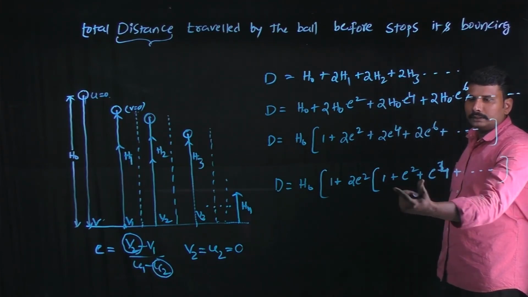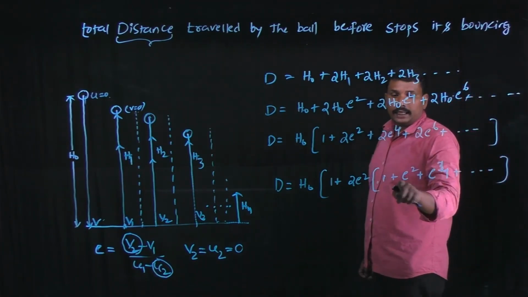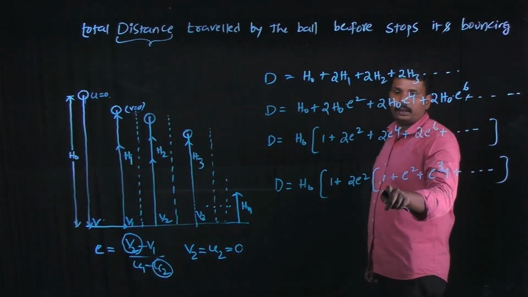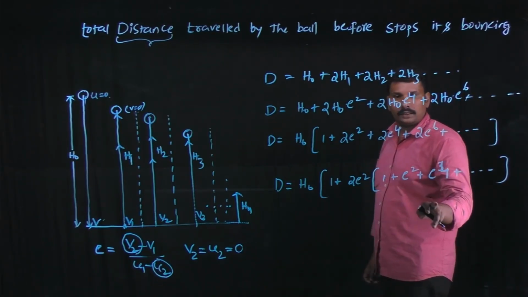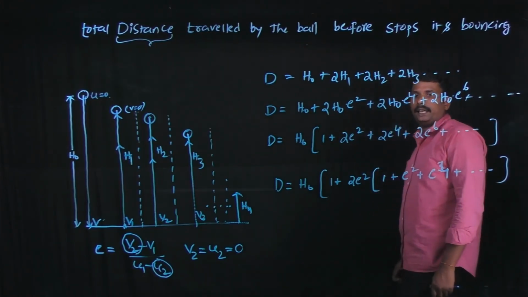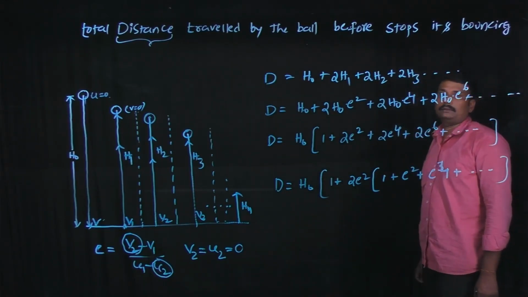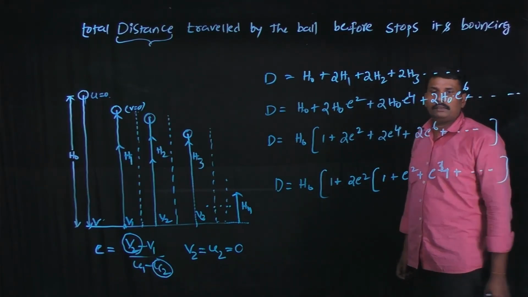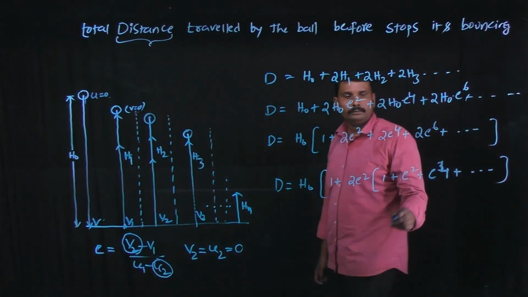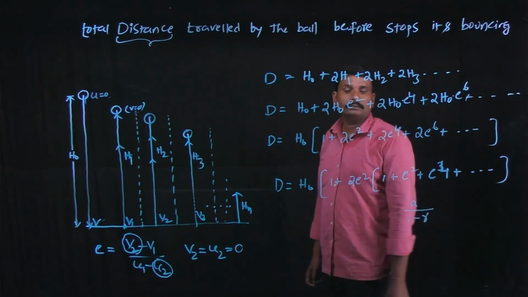Okay, this is a series in the form like a geometric progression. Why? Because there is a common ratio of e square. Here e square by 1 is e square, e power 4 by e square is nothing but e square. There is a common ratio. If any series has a common ratio, then that series is in geometric progression. For infinite series, the formula for the geometric progression is first term by 1 minus common ratio.